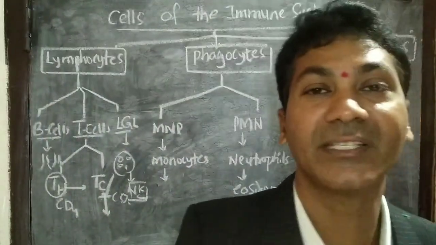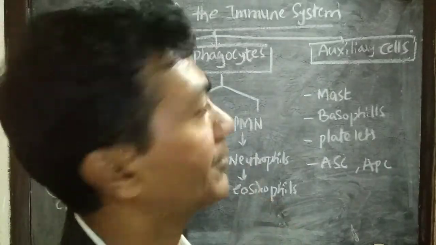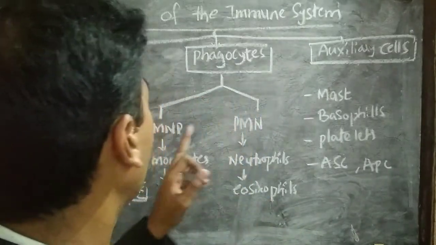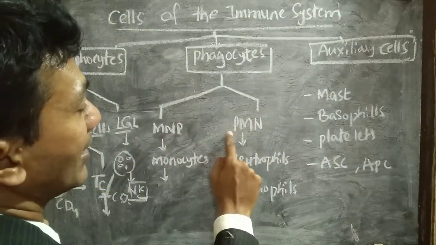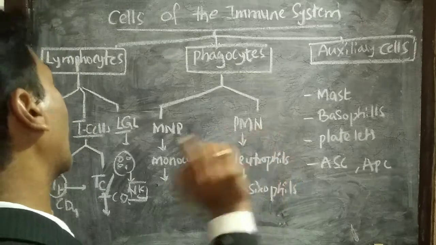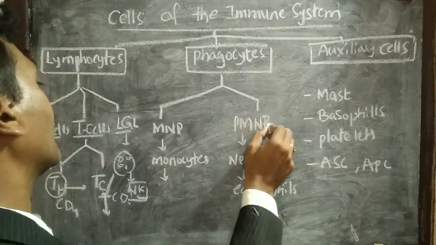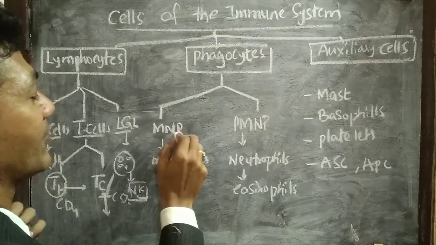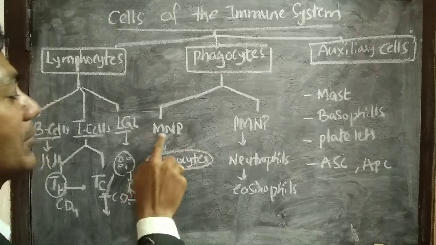Next, phagocytes. The cells which ingest the pathogen are called phagocytes. There are again two types: mononuclear phagocytes and polymorphonuclear phagocytes. You can write here P. All the monocytes come under MNP, mononuclear phagocytes.